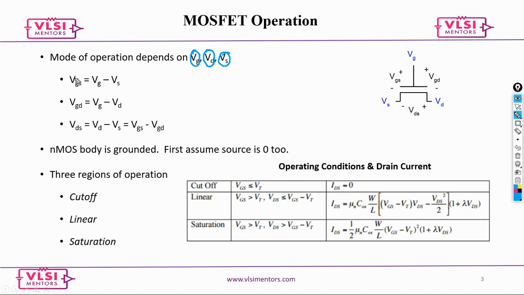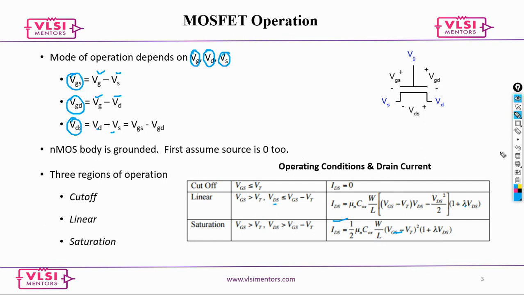When we say VGS, that means it is always VG minus VS. VGD means gate voltage minus drain voltage, and VDS is VD minus VS. These are things that would be used in the equations. And as I told you, we are not interested in mugging up the equations. You just need to understand the concept of how a transistor operates.